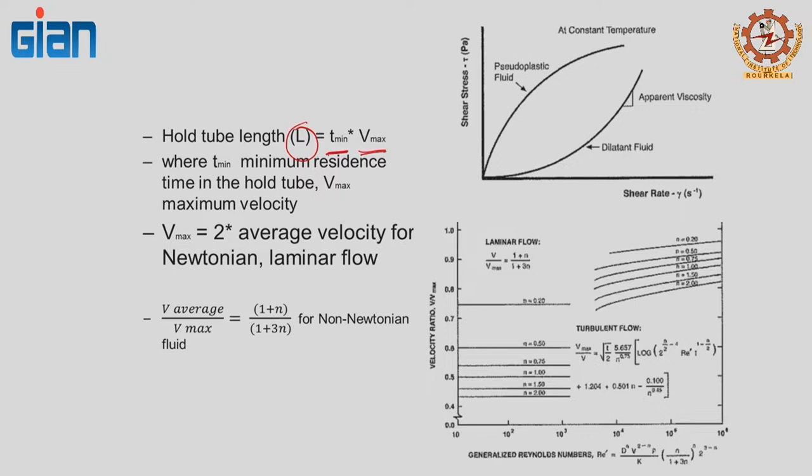Now, here we also need to know the fluid characteristics. If you look at milk, water, honey, and some of these products, these are called Newtonian fluids. What that means is, if you plot shear stress versus shear rate, you are going to have a straight line.